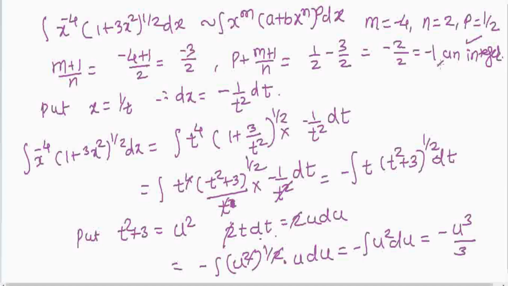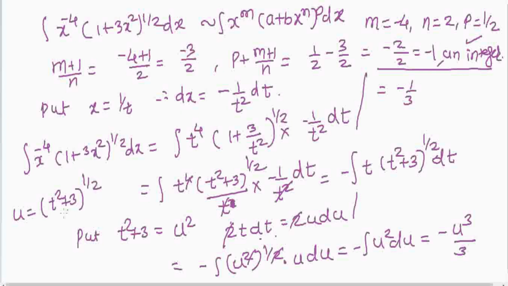Okay, and the final answer is minus 1 by 3 into u cube. What is u? u equal to (t square plus 3) whole raised to 1 by 2.